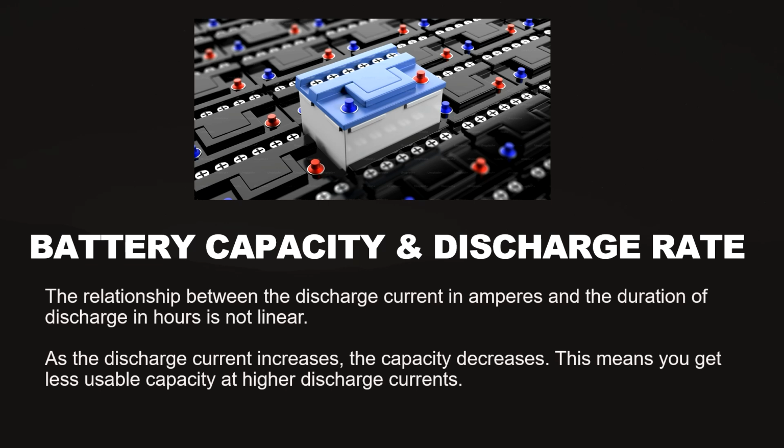The discharge current in amperes and the duration of discharge in hours do not form a linear relationship. As the discharge current increases, the capacity naturally decreases. This means you get less usable capacity at a higher discharge current.